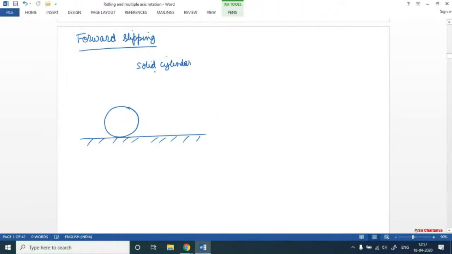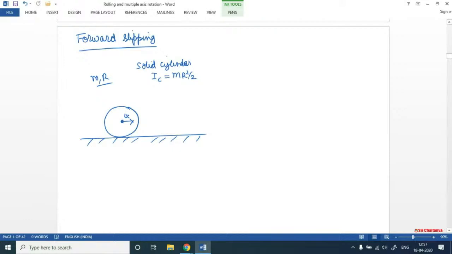Okay, so moment of inertia about its center of mass would be nothing but mr square by 2, where m is its mass and r is its radius. Okay, so this is resting on the surface, and suddenly we have imparted some initial velocity u to this solid cylinder.